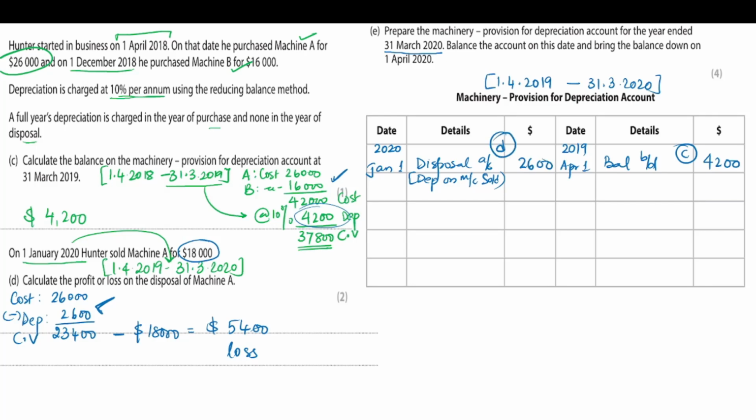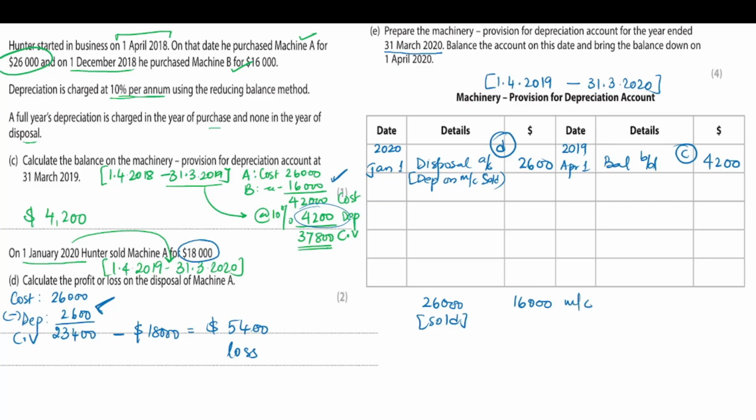And then for the machine which is left with them, we have to calculate that depreciation. So there was 26,000, which is sold. We don't have to consider that. But the business had a 16,000 machine left.